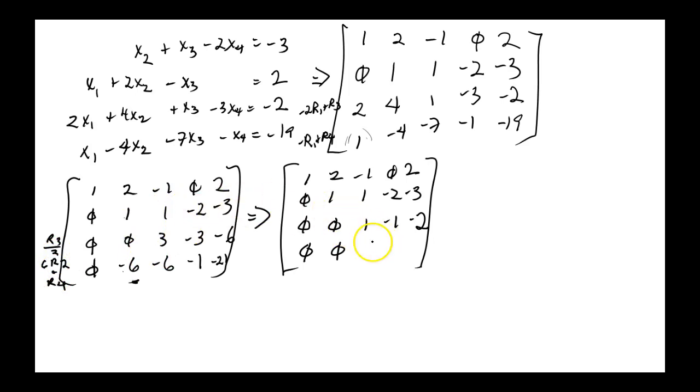Oh, I see. We need to do both operations together. 6 times 1 is 6. Another 0. How nice. And then we have a 6 times negative 2. Negative 12 minus 1 is negative 13.